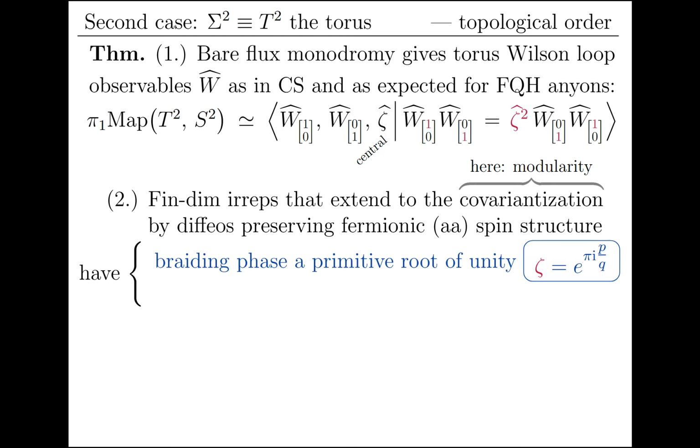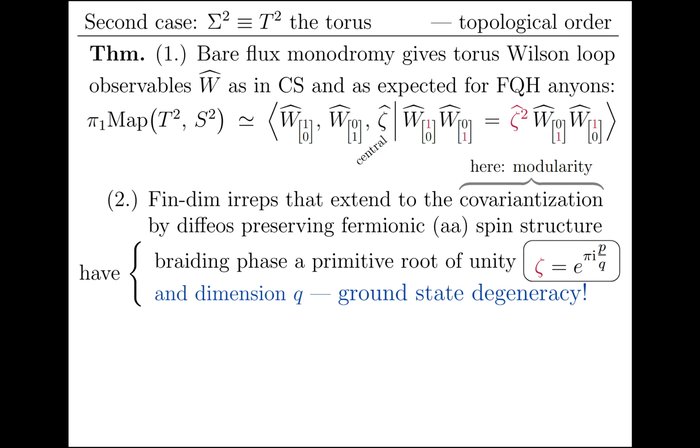It could have been irrational at that point, but now it's in fact identified with this braiding phase here. One can show that these are identified as zetas. There's a reason why they're both called zeta, and it actually has to be a primitive root of unity. So this is the actual fractionalization now of the braiding phase. And second, it has dimension q, the denominator here. So this gives us the ground state degeneracy.